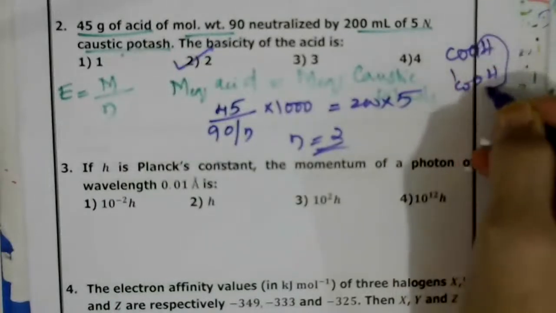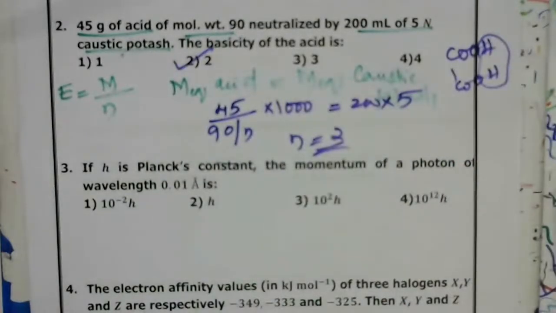The basicity of oxalic acid is 2, because basicity is the number of replaceable hydrogen ions, and acidity is the number of replaceable OH minus ions. Based on that concept, we can go to the answer directly without any further calculation.